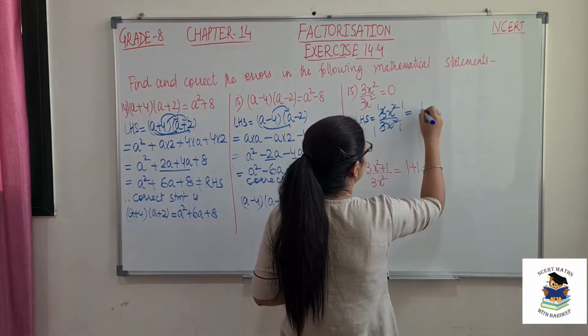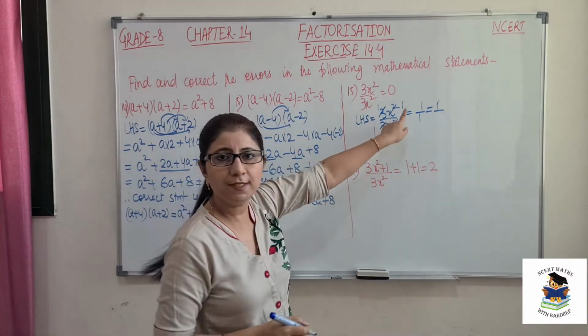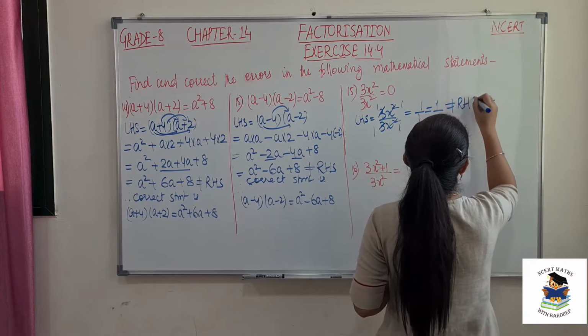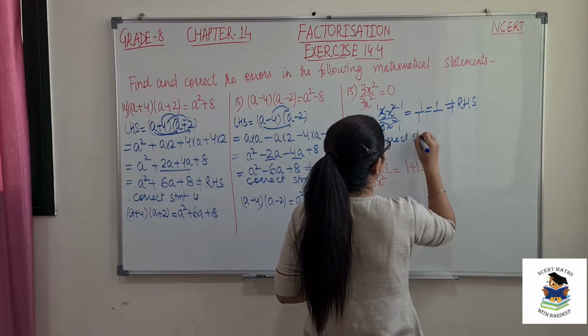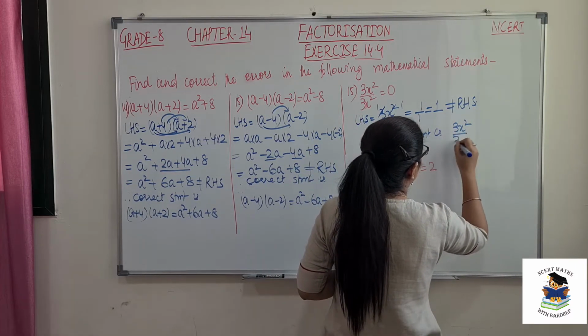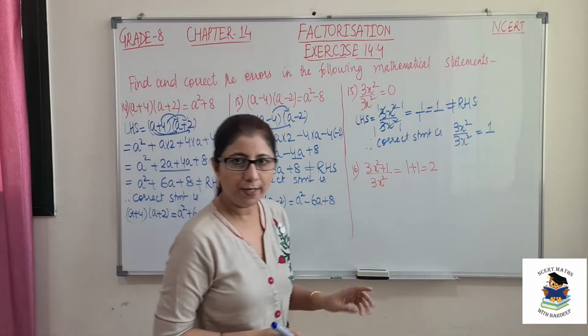So 1 over 1, the answer is 1, not 0. So this is not equal to the right hand side. Therefore the correct statement is 3x² over 3x² is equal to 1.